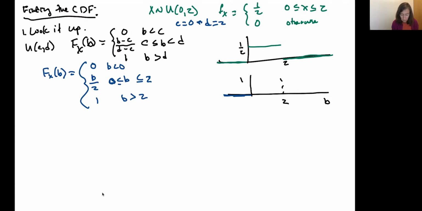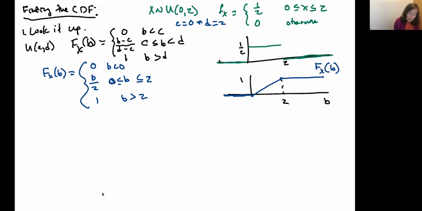So it's 0. And for b greater than 2, it's up here at 1. So we've got these two constant levels here. And in between, it's this line with a slope of 1/2. Okay, so this graph is the cumulative distribution function for that particular random variable.